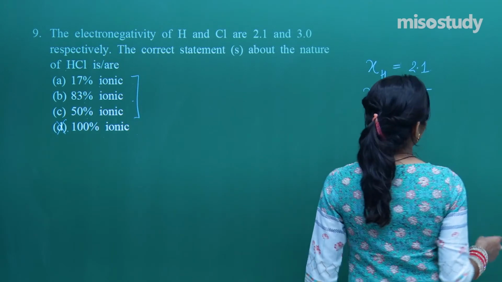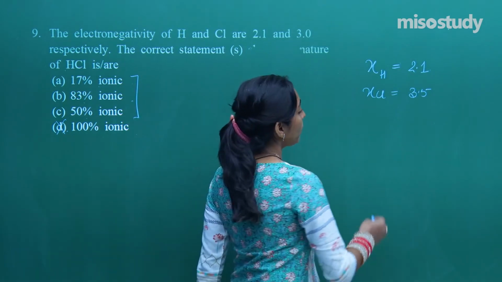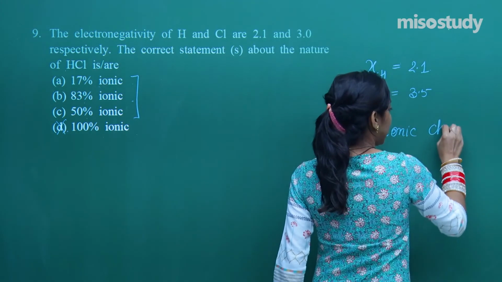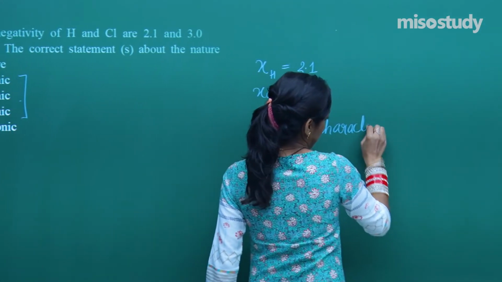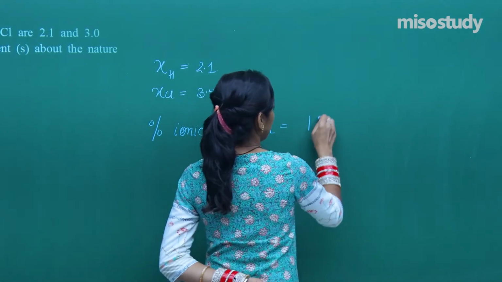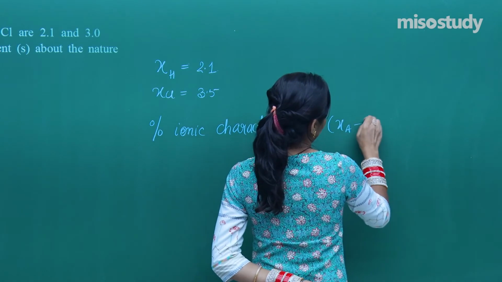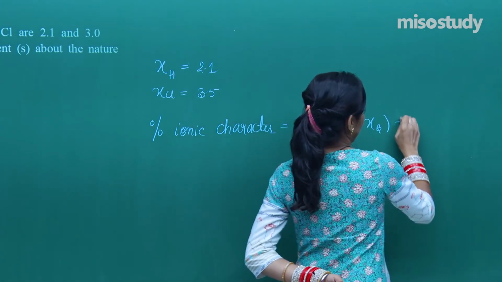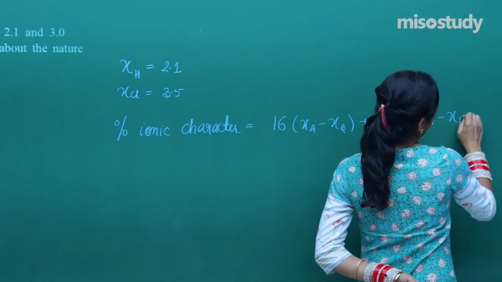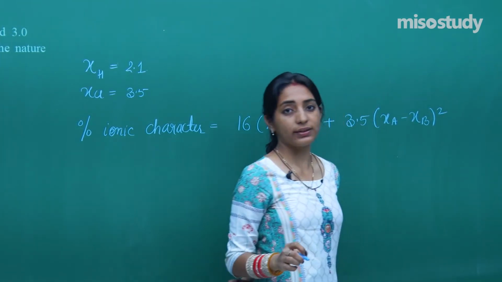So what is the formula to calculate the percentage ionic character? The percentage ionic character in any particular covalent bond is given as 16 into (chi A minus chi B) plus 3.5 into (chi A minus chi B) whole square.